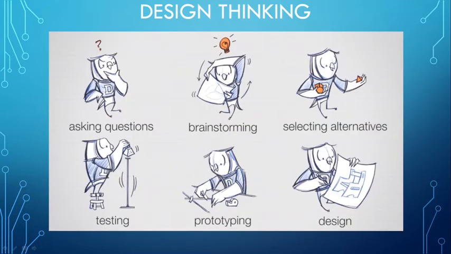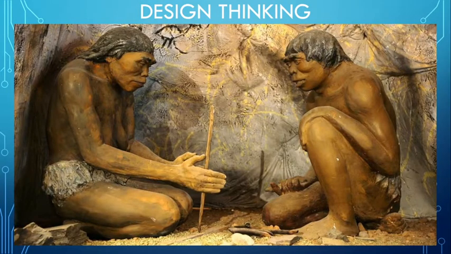Then see these images. I think it's a very old caveman image. They are trying to create a fire. Yes, in olden days, creating fire was not an easy job. Hours together they had to sit and do this process, and only then would it create a small smoke, and a small spark would come, and then it would create a fire.